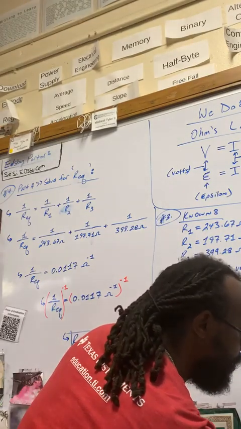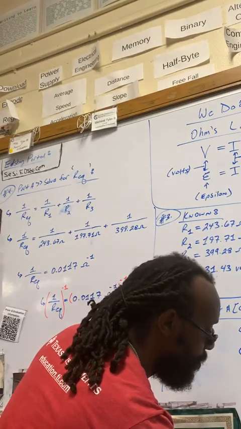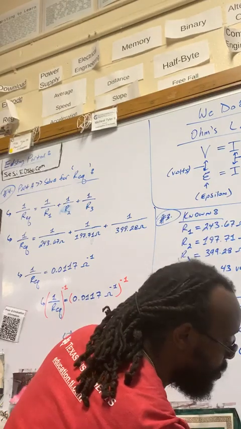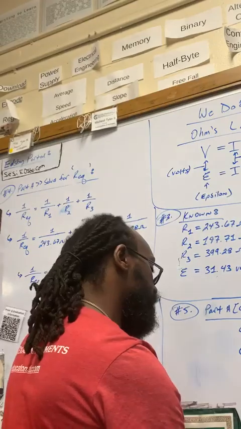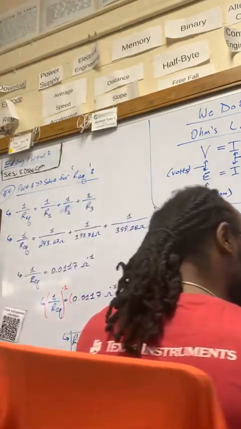Okay, so now that equation works for me. I can actually get my I total now. Which is, what's the value? Let me do this because I'm running out of room. So the next part of this continues over here.